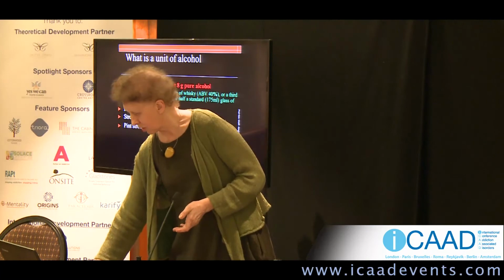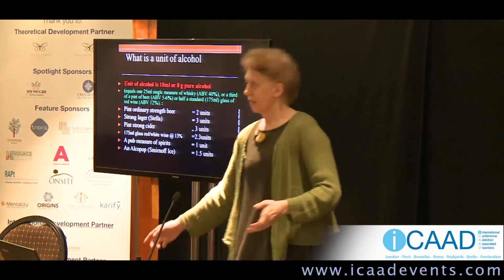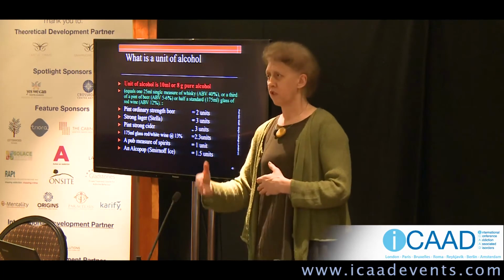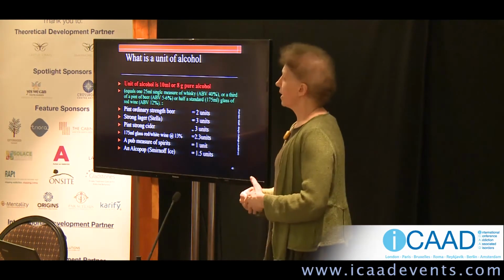But again, it's useful, I think, to work out with your clients whether they know what they're drinking in terms of units, because that will give you an idea of the level of their drinking.